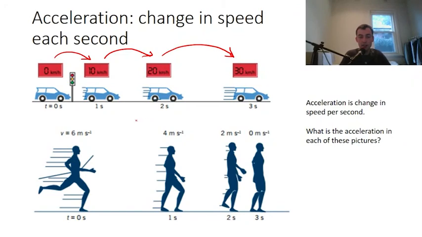So what's happening? Every second, the speed is going down by 2 meters per second. So really, this is actually -2. The acceleration is -2. And by the way, the way you write acceleration, in this case, it was acceleration equals 10.